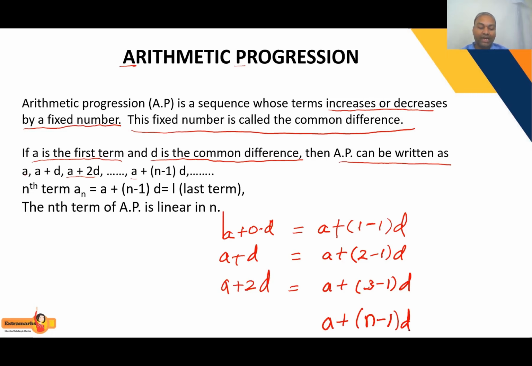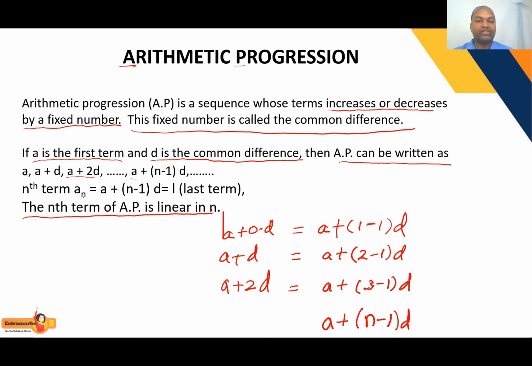This is called nth term. So nth term of arithmetic progression formula will be a plus n minus 1 into d, and it is denoted by an. And nth term of AP is linear in n.